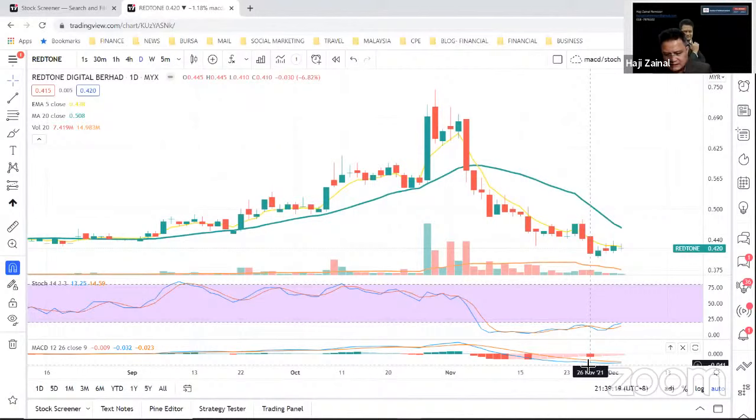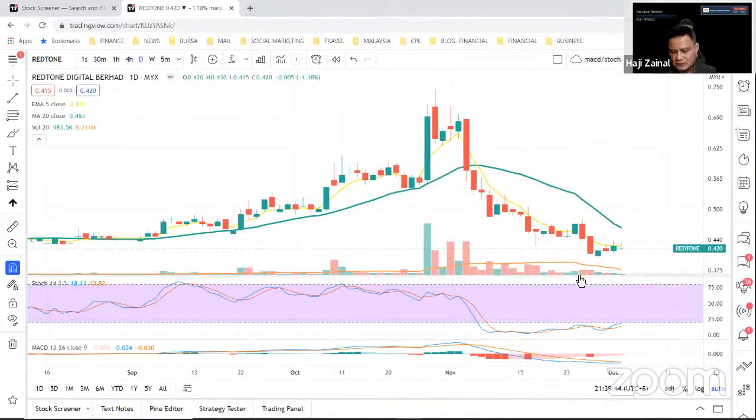The first signal that the trend is going to turn is when the green line goes above the orange line. Is it yet? Not yet. There's a possibility of a first signal, but the first indicator is when the green line will cross above this orange line.